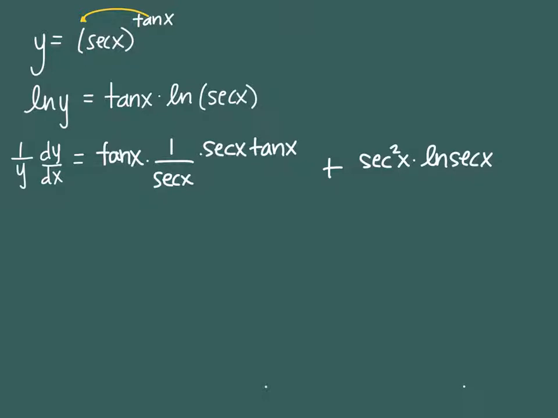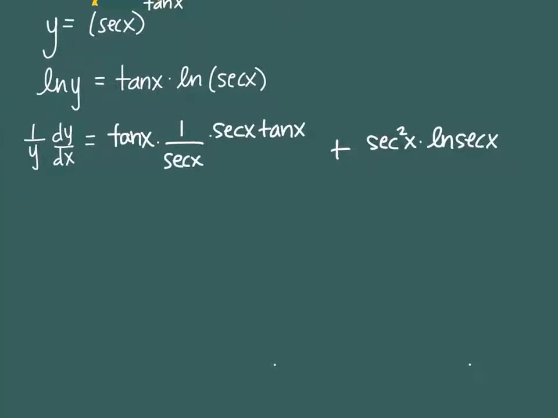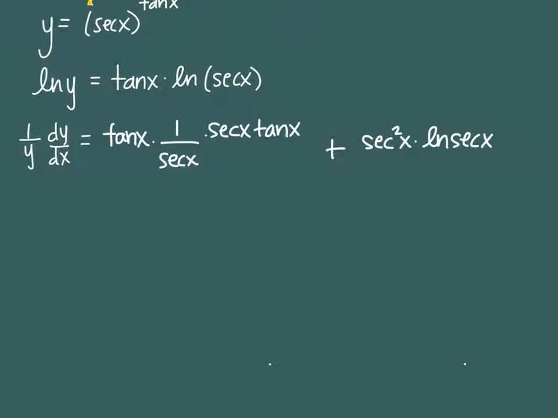And then dy over dx is... Well, can we simplify anything in there? What can we simplify? The secant x can reduce.